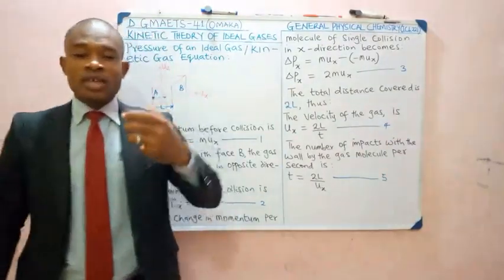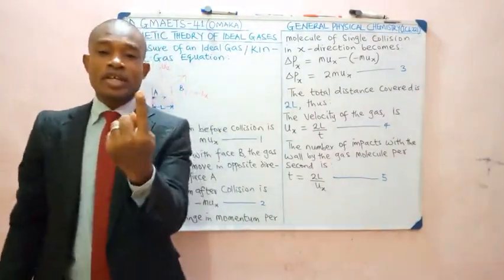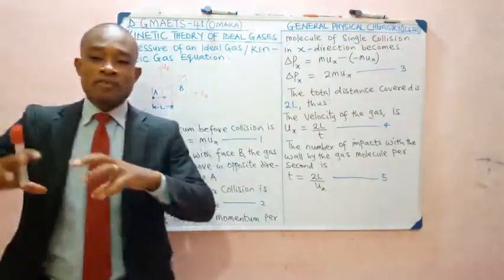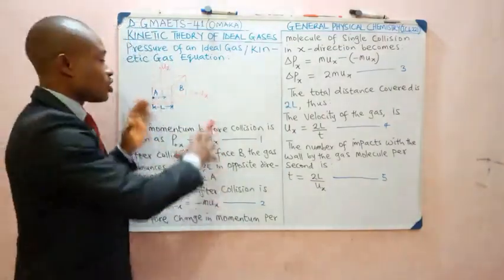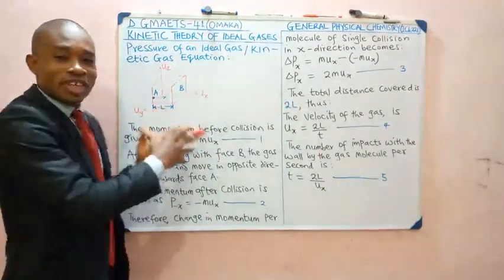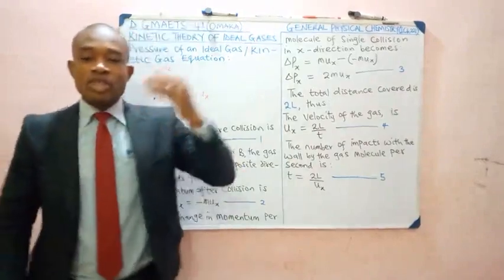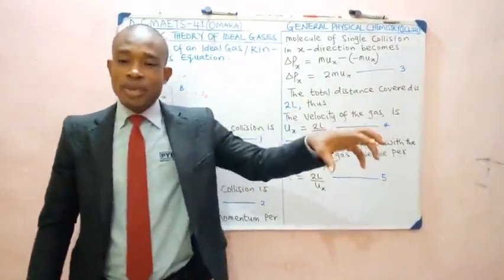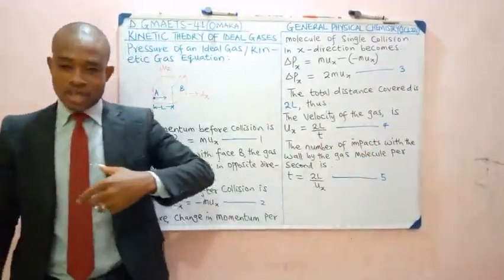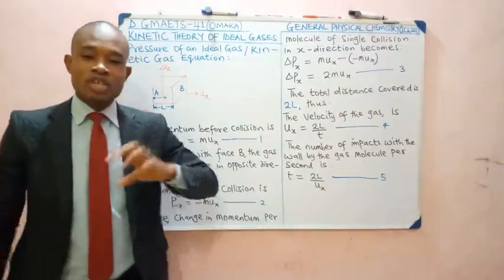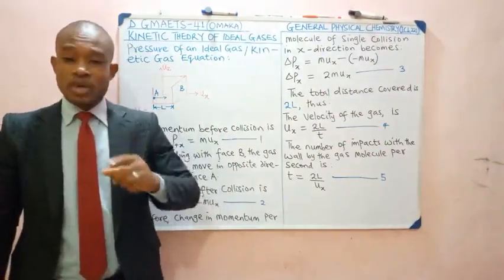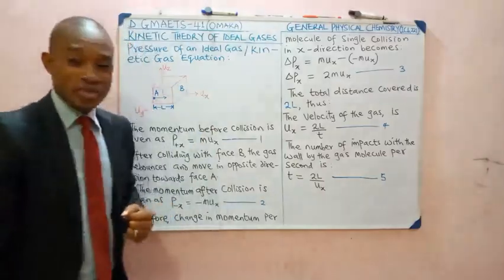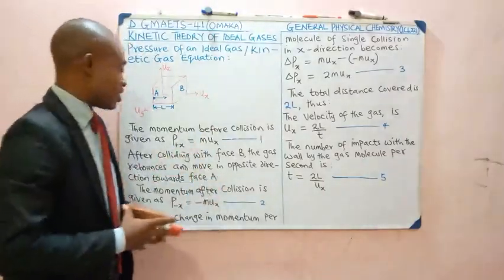Remember, we have the mass of one molecule of the gas moving from phase A of this cubical container, moving to phase B, colliding with phase B and then rebouncing back to phase A. That's the condition upon which we are going to analyze this gas. Are you ready? Alright, follow me, let's do this.